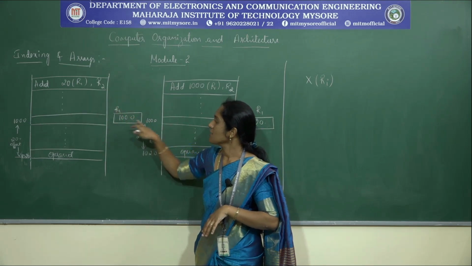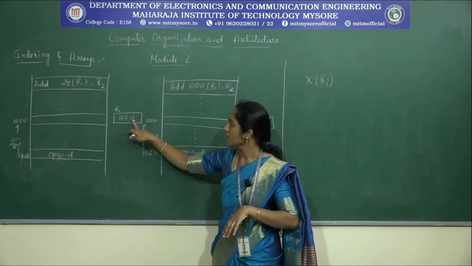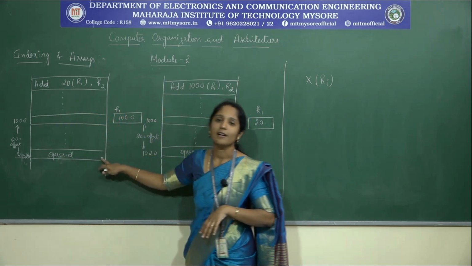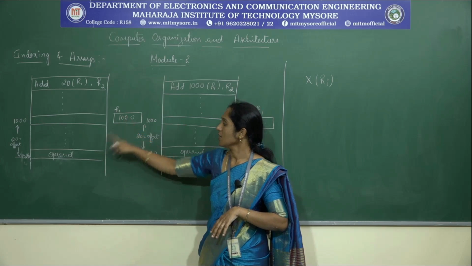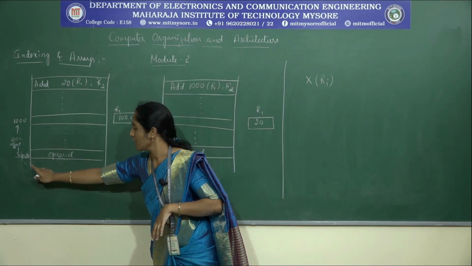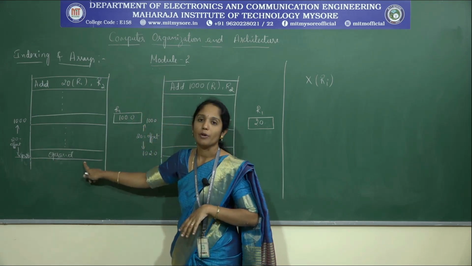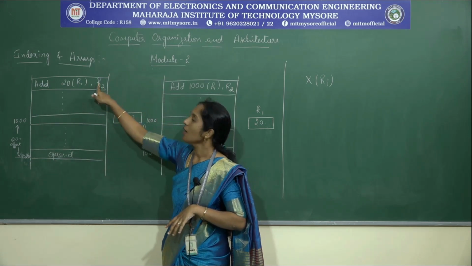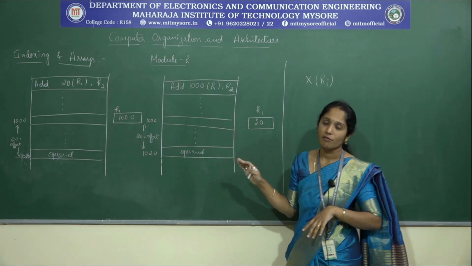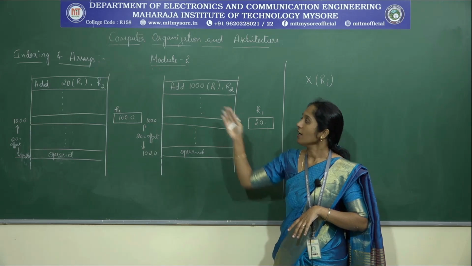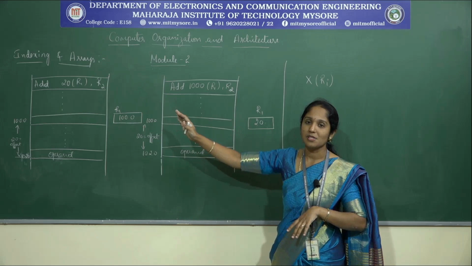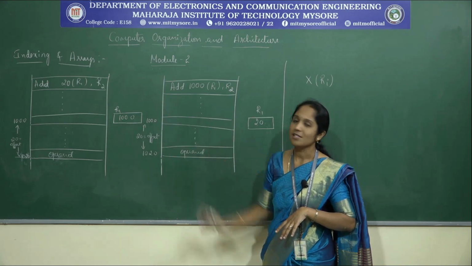Remember, this register contains 1000 and this is added with the offset value to obtain the address of the operand. So 1000 plus 20 gives you 1020. That is the address of the operand which is to be added to R2. So this is how we use the index register for representing the memory location, and the X value, that is the offset, is 20. The constant value is represented by the offset, that is X.